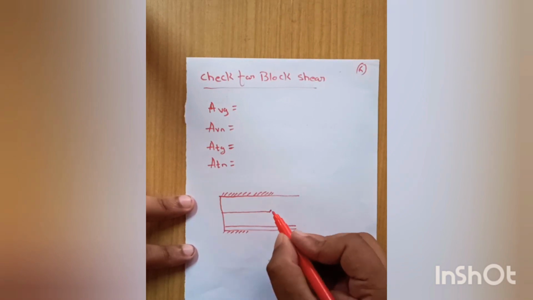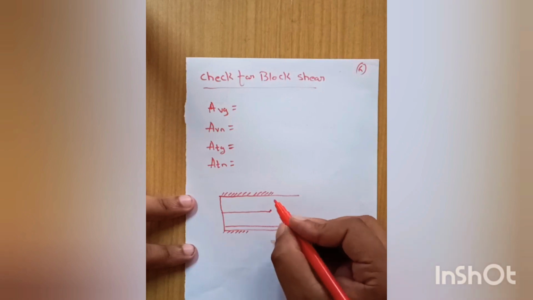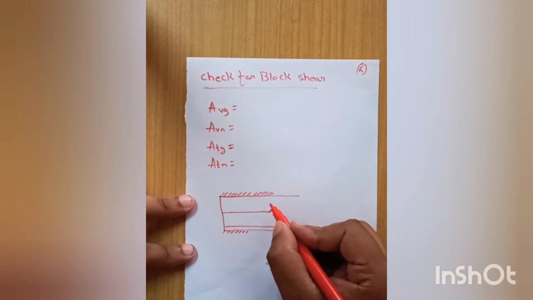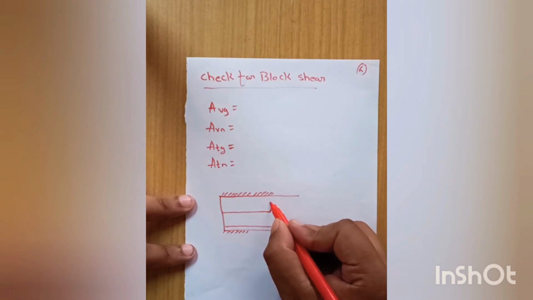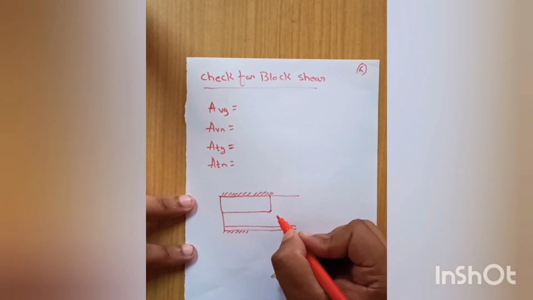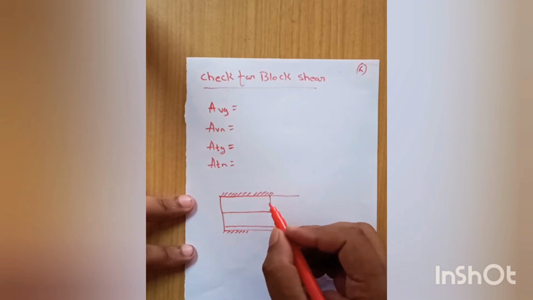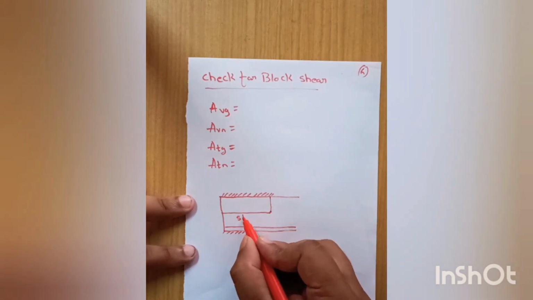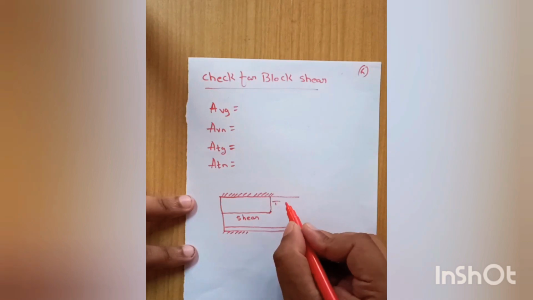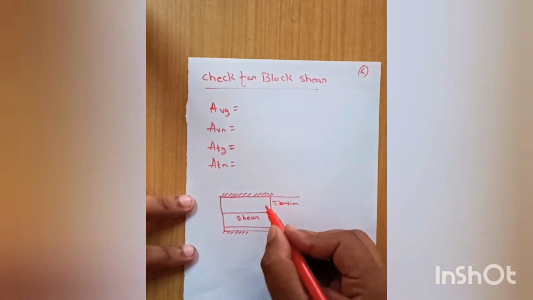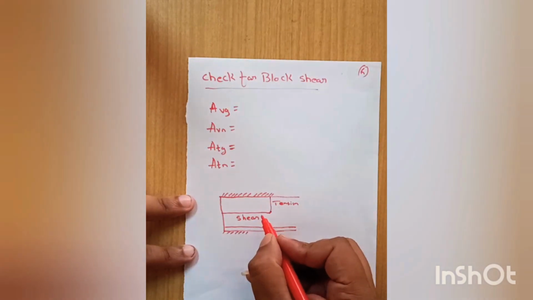It has to cut, the plate will cut into two, it has to fail in shear, and simultaneously for block shear to occur, it has to fail in tension as well, like this. In this way it forms a block shear. Both will occur simultaneously. It is one type of failure. So this is shear, this is tension. So it will fail in tension like this here, it will fail in shear in this way.